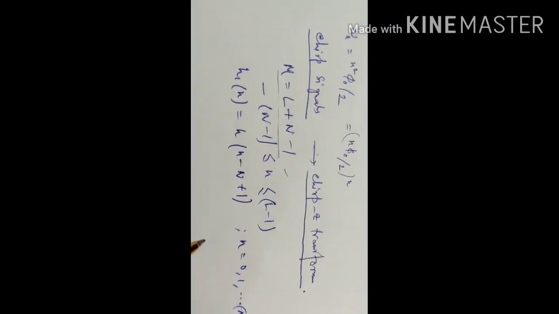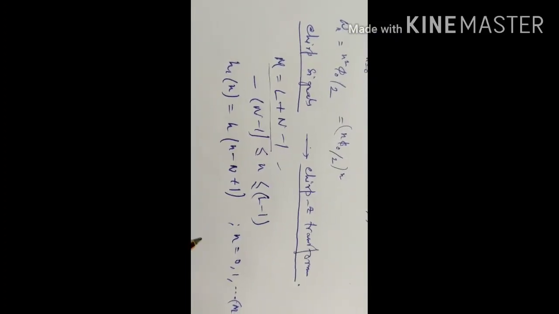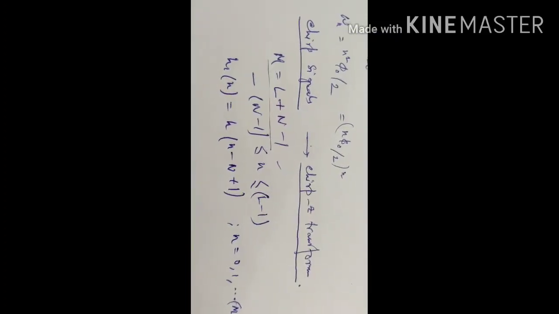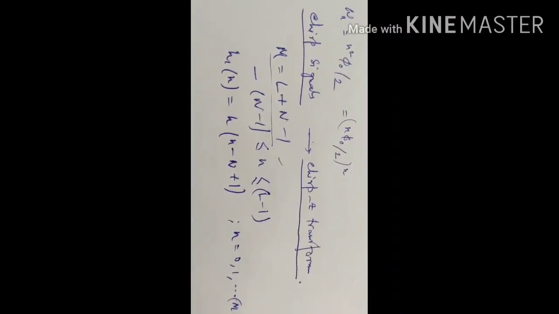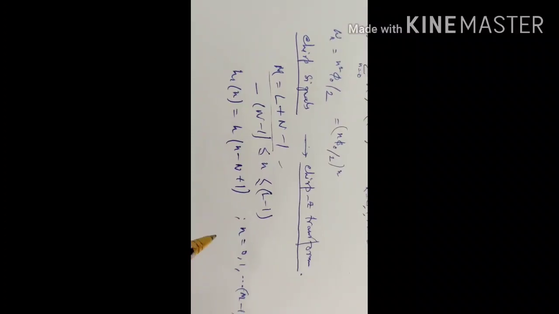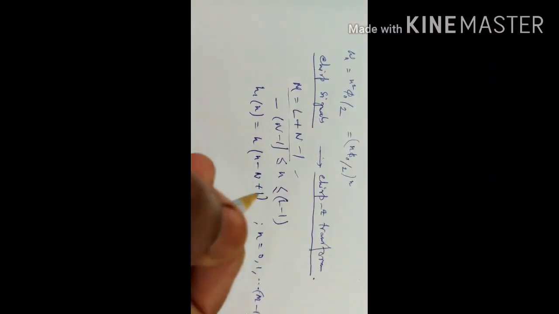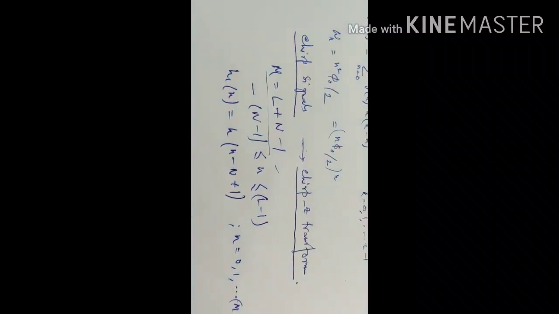So compute the m-point DFT via FFT algorithm to obtain h1k, and from xn we compute gn and pad gn with L minus 1 zeros and compute the m-point DFT, which yields gk.